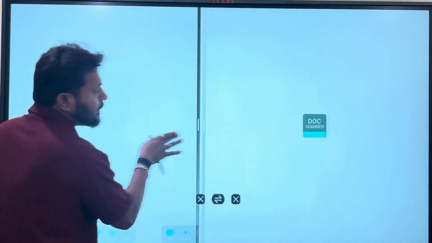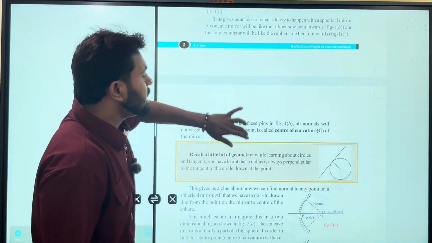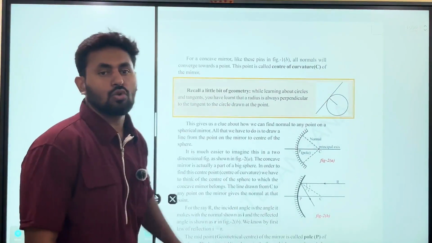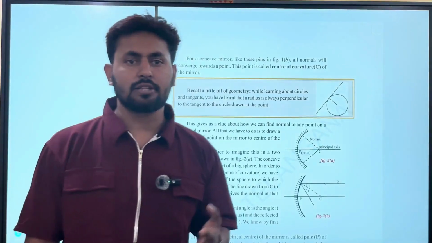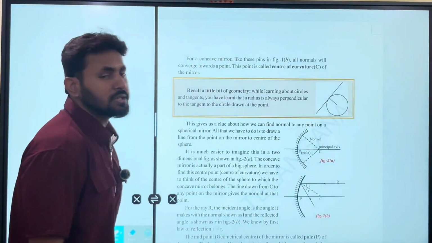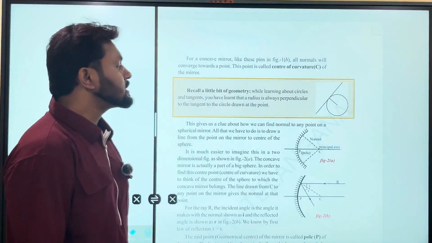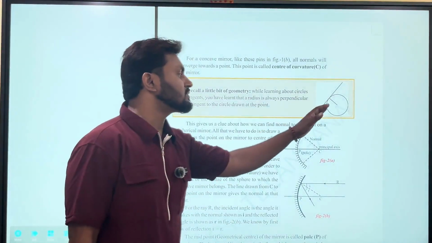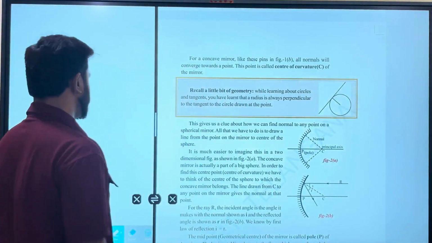Now moving ahead, can anyone tell me what you mean by tangent? You might have learned this in your 9th grade. This is from circles. A tangent is a line which has been drawn to a circle which makes 90 degrees with the radius.